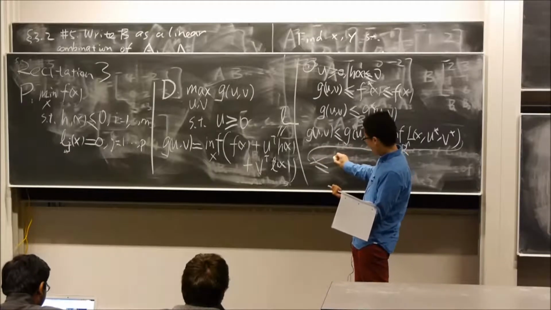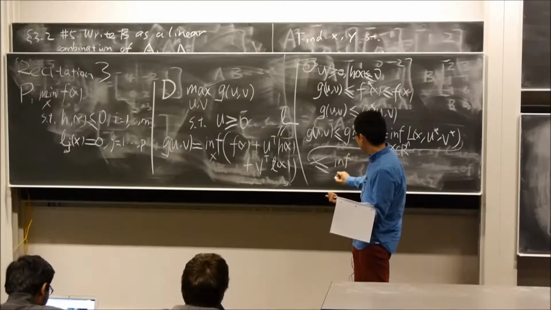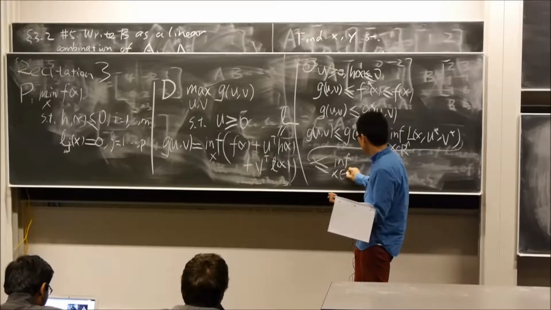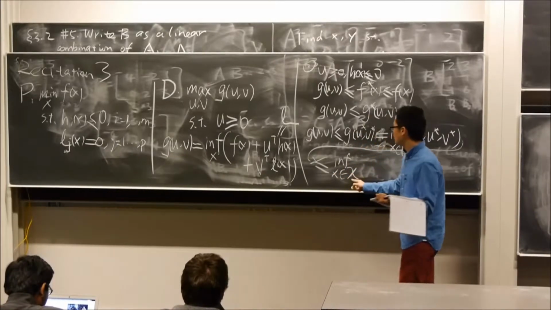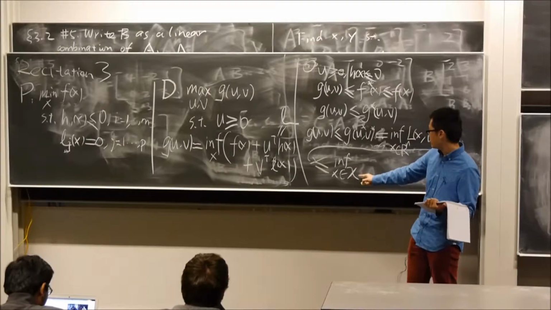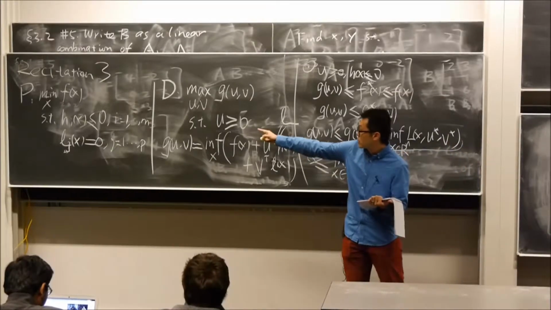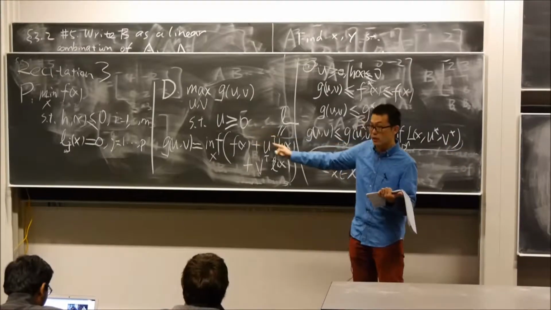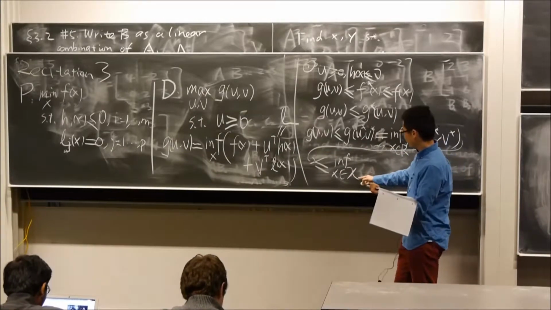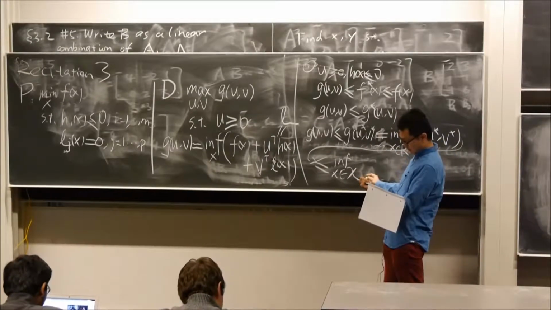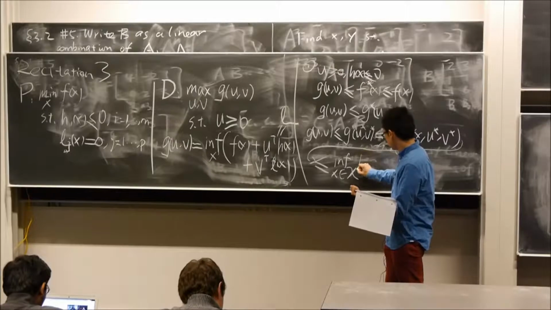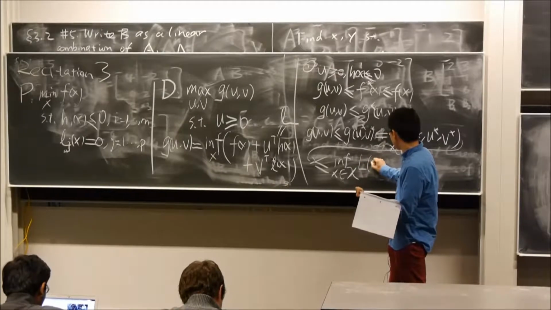That is the reason why this is further smaller than the inf over x belonging to the feasible set. I use this calligraphic X to represent the feasible set, which is a convex set.